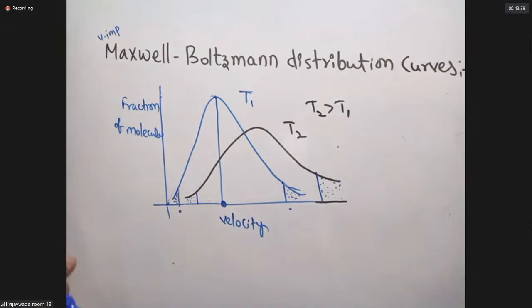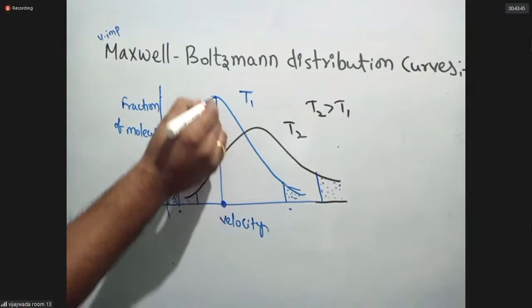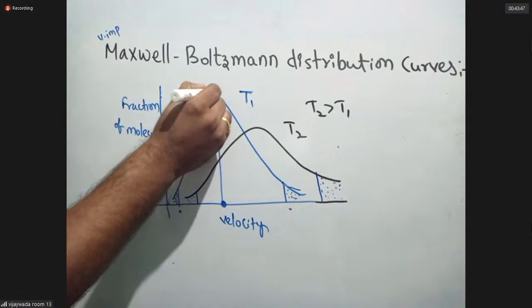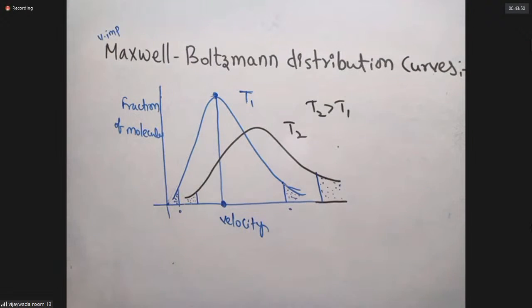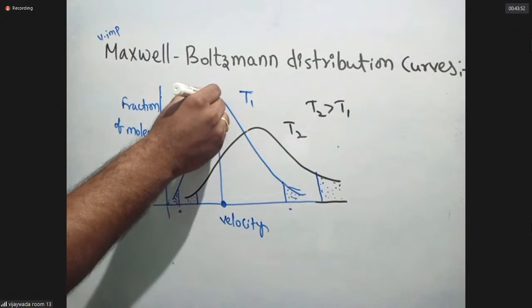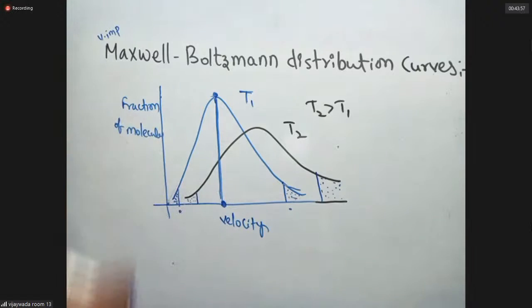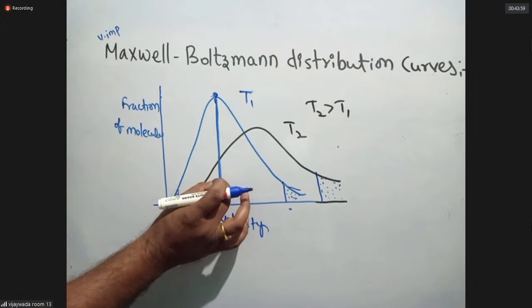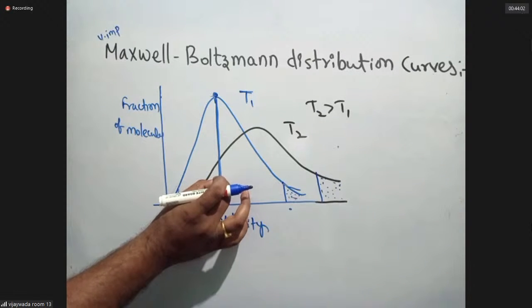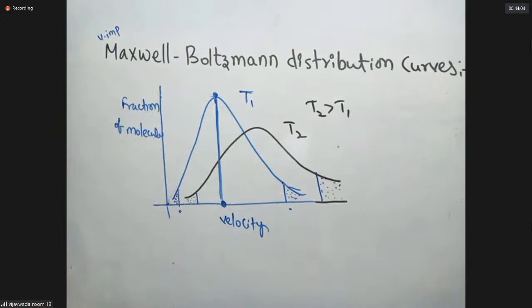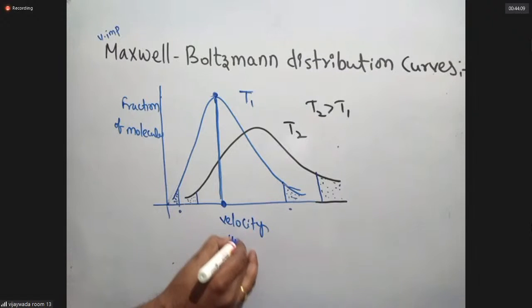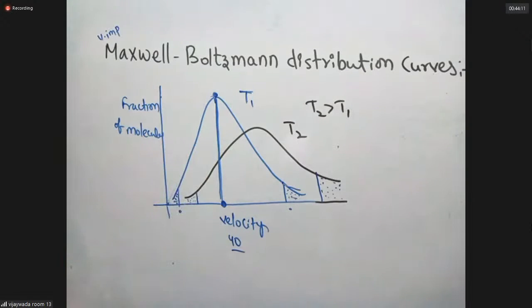I mean, low velocity molecules are now very few. And this is the peak of the curve. Under this peak is the fraction of molecules. So at T1, maybe 40 molecules are possessing this most probable velocity.